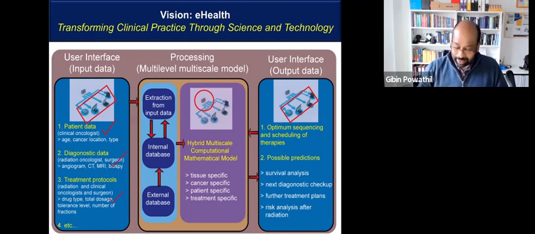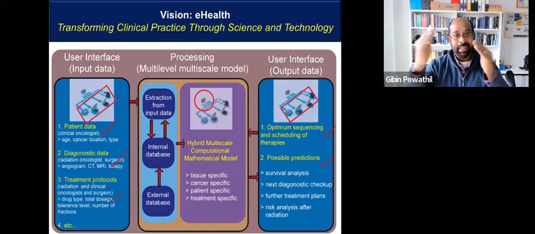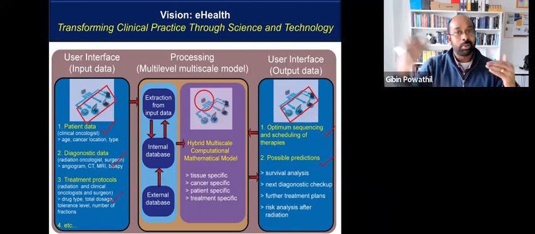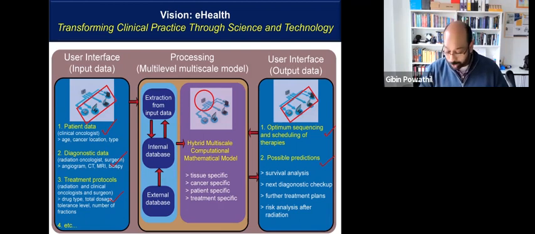Then eventually, can we get something like optimum treatment scheduling or possible predictions? Can I tell a patient after a particular treatment, you should come back for a diagnosis or testing after, say, 6 months? Can I give that time frame by which they should come back for a test, using modeling approaches?